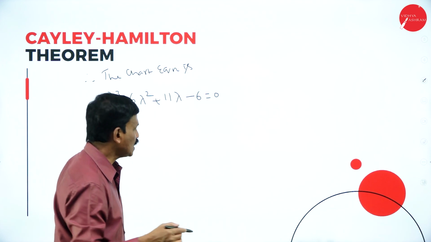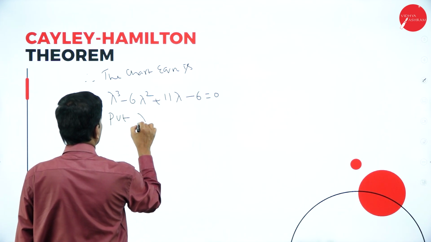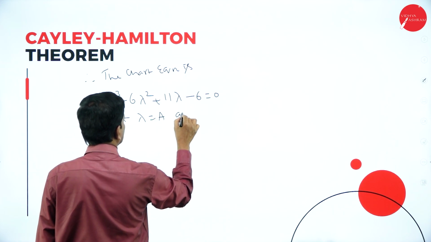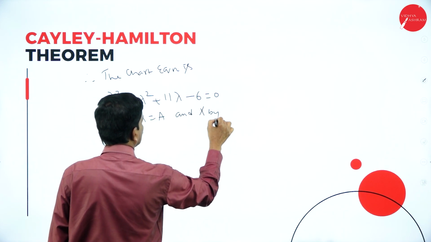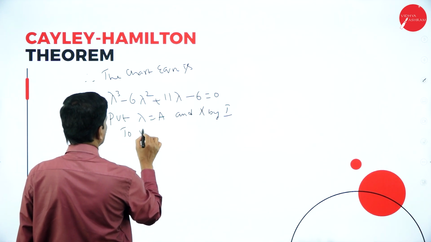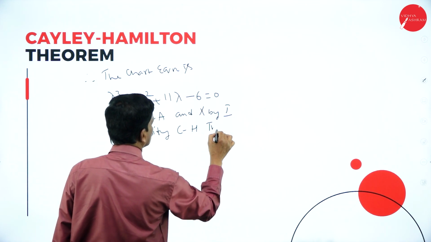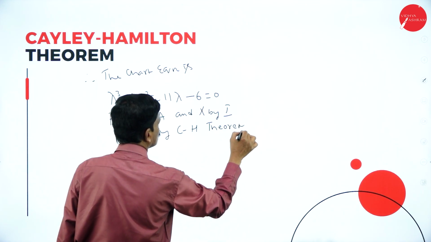Now, to verify the Cayley-Hamilton theorem, put lambda is equal to A and multiply by I. Right.